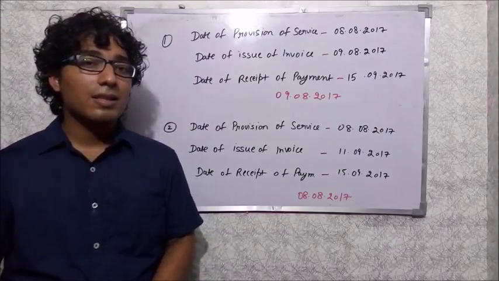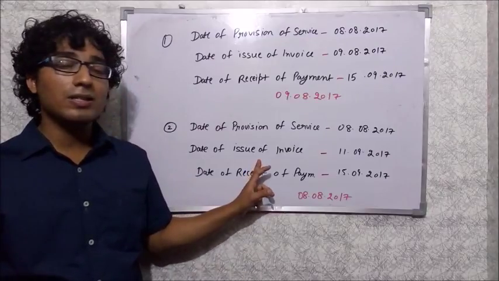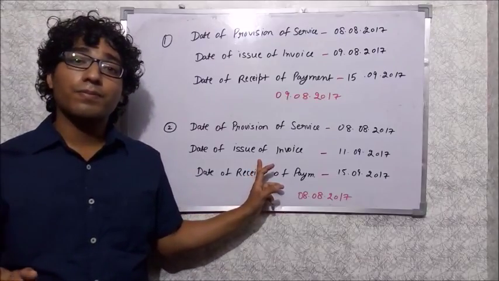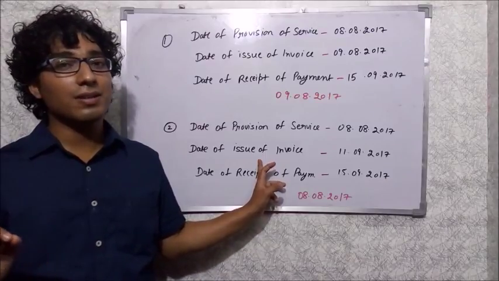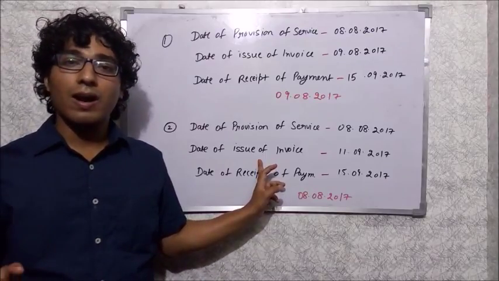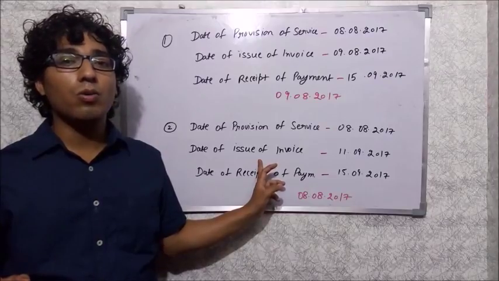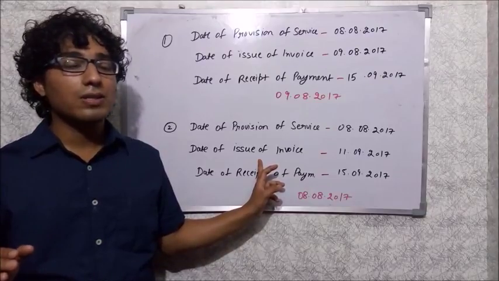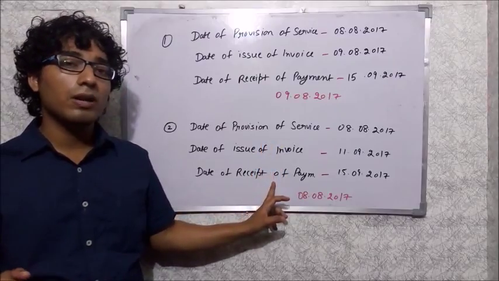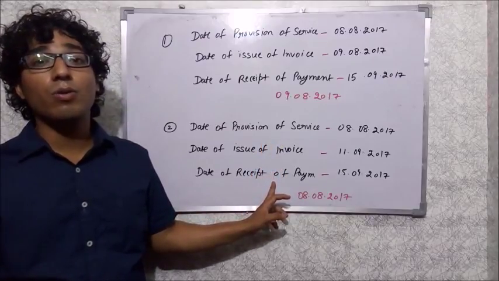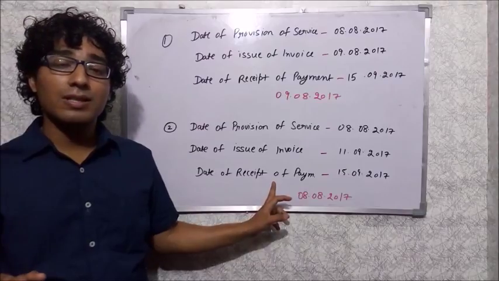Because the invoice is not issued within the time prescribed under section 31 subsection 2, now we have to check the earlier event out of the two events: the date of provision of service or the date of receipt of payment. We don't have to look at the date of issue of invoice in this case.